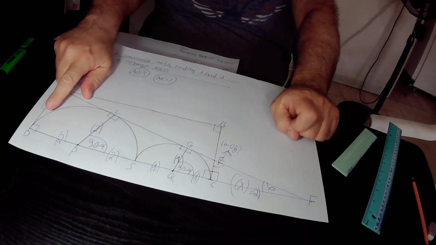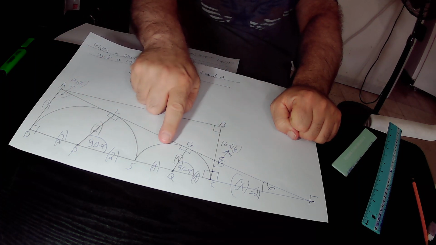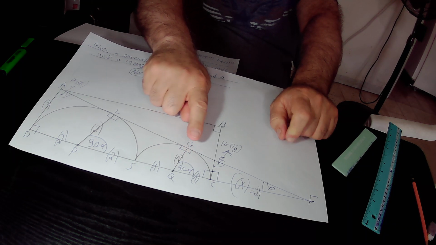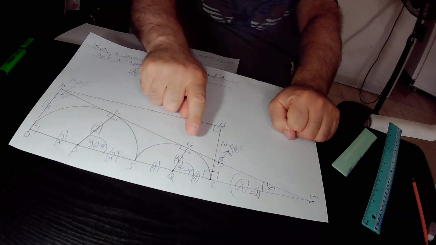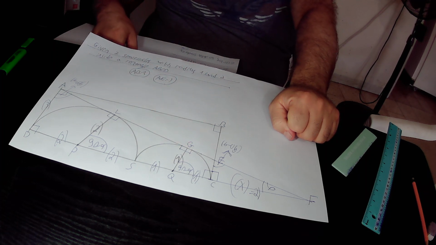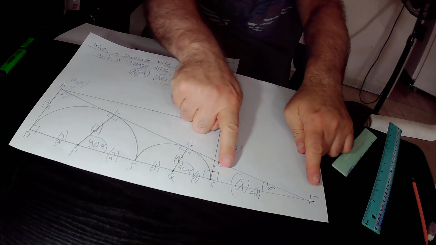DF in total equals 2 plus 2 plus 2, that is 6, plus 1 plus 1, that is in total 8. So DF equals 8 over CF. CF equals 2.